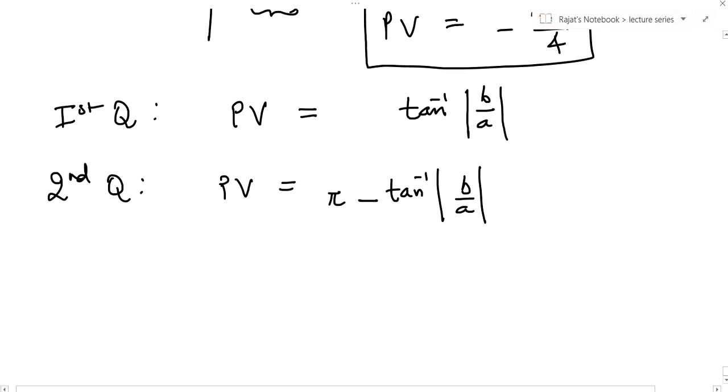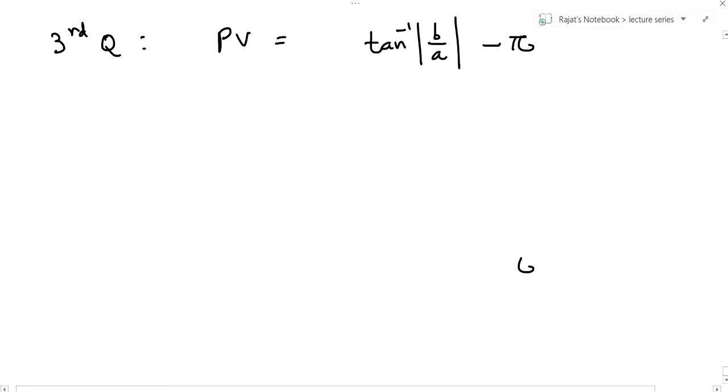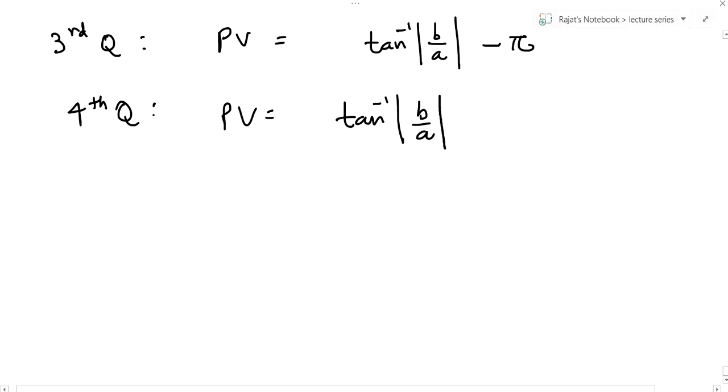Just remember these things. I'll explain how we got this, but right now just note it down. If it is the third quadrant, then it is tan inverse of b by a, and I subtract pi from it. And if it is the fourth quadrant, then the principal value is tan inverse of b by a, with a minus.